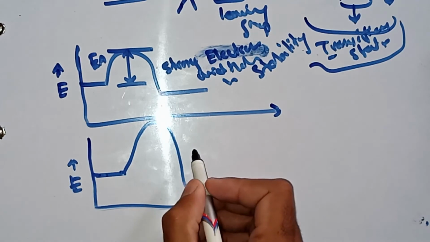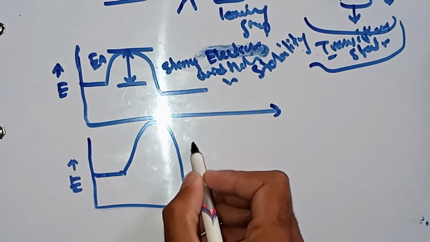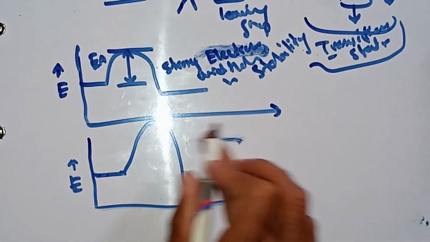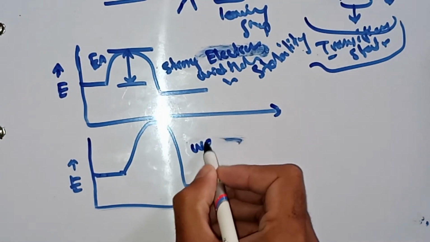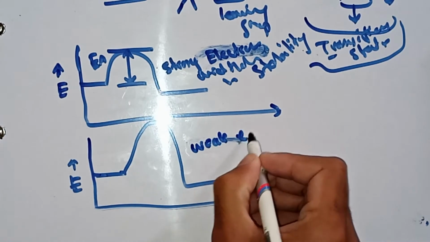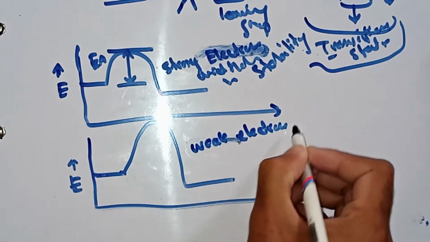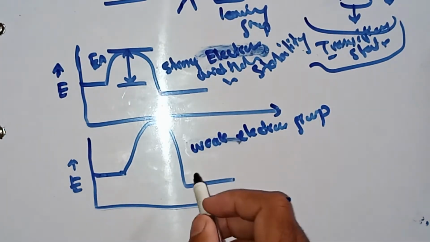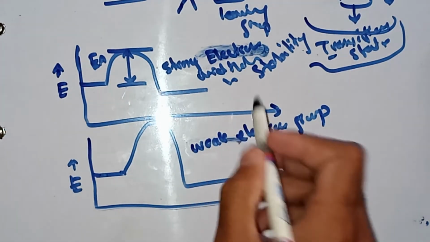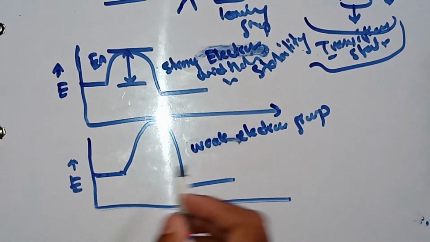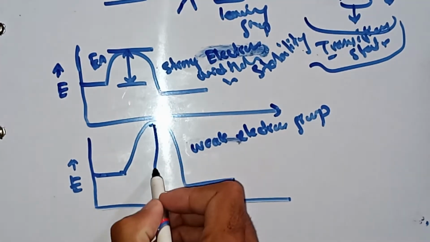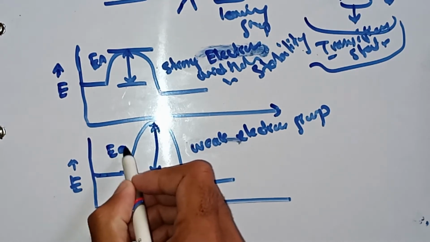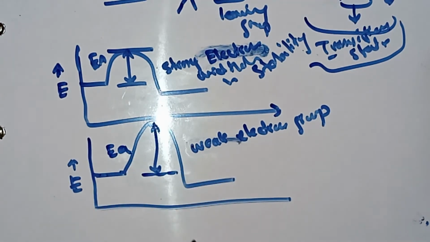When a weak electron withdrawing group, or weak leaving group, is present instead, the activation energy will be much greater.